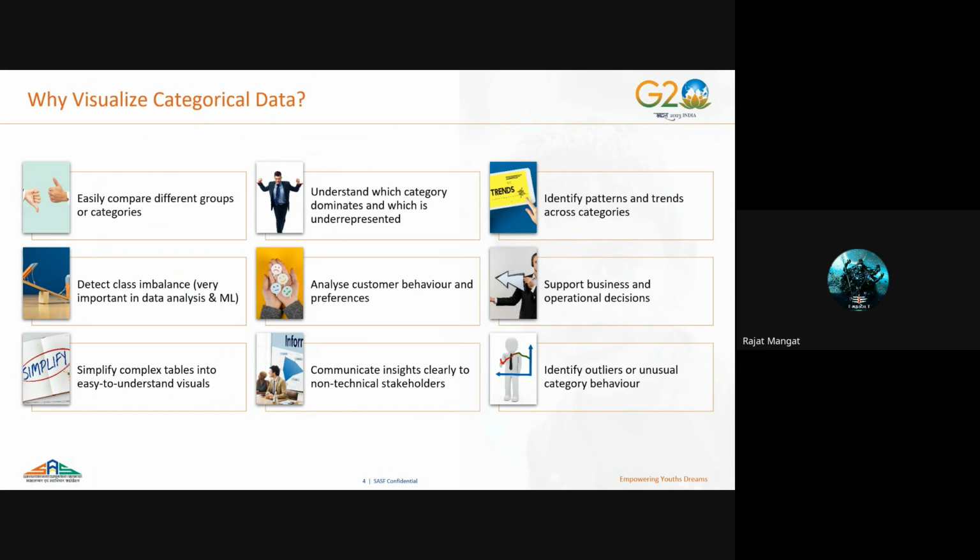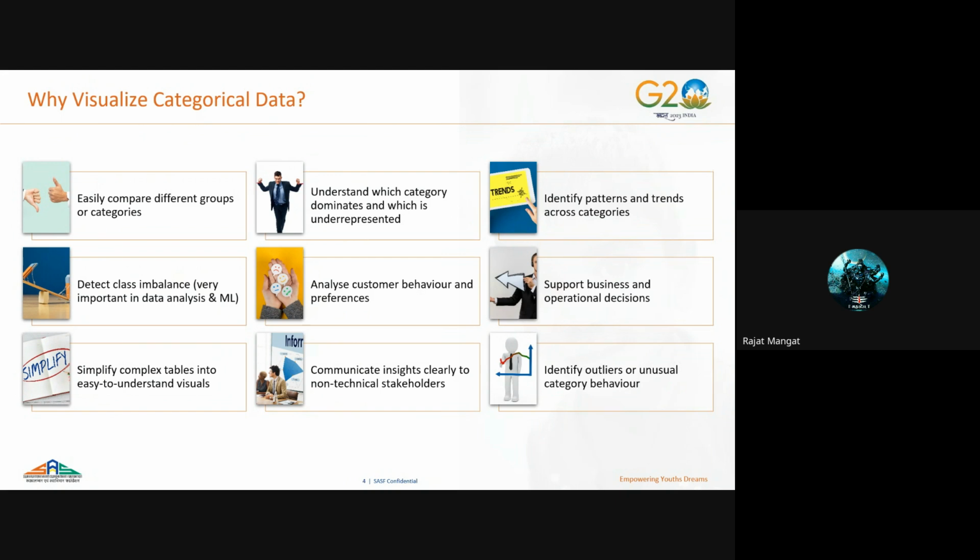Like you are selling three products, and one product is getting lots and lots of sales. It means that it is in very high demand among the customers. So you can open more outlets in order to provide easy access to the customer to come and buy your product. So this becomes very, very easy using categorical data visualization.